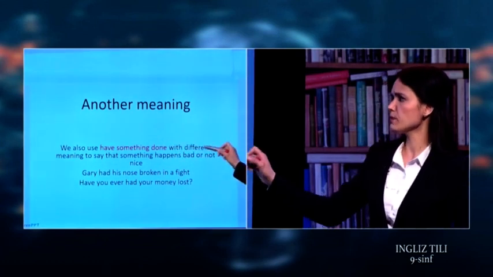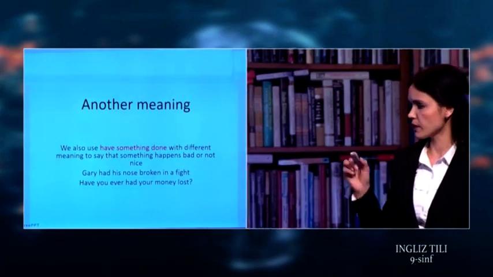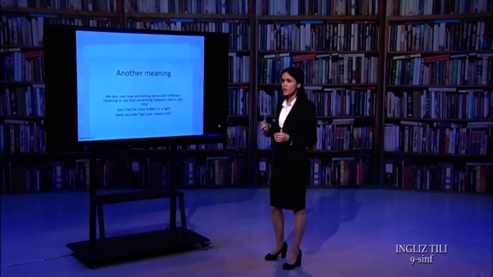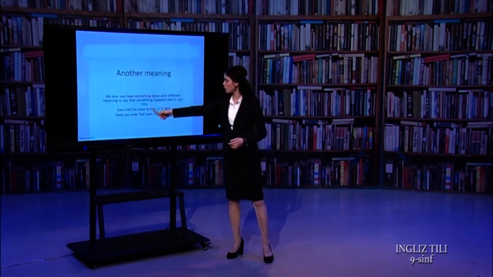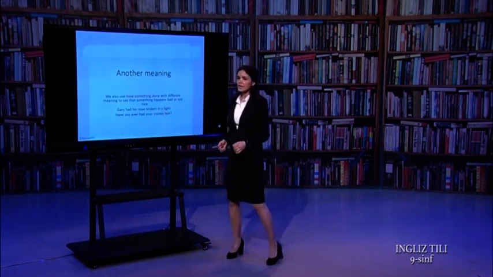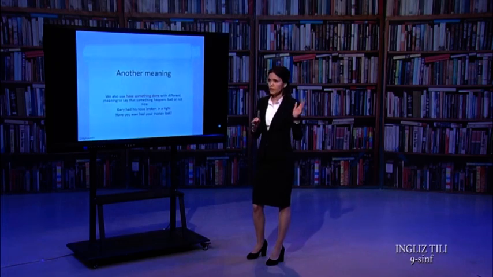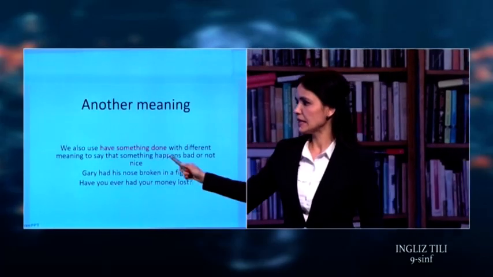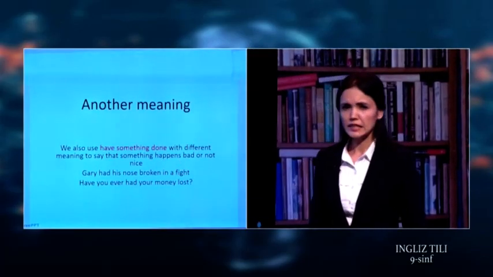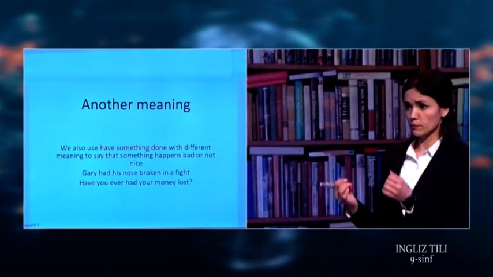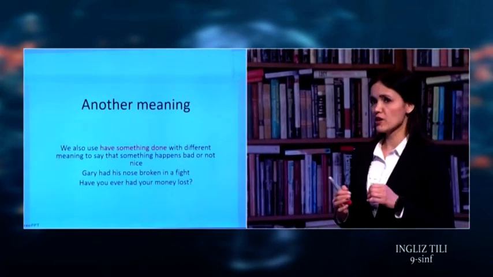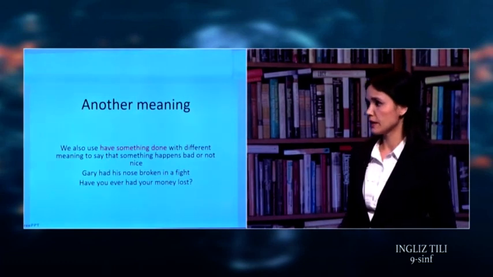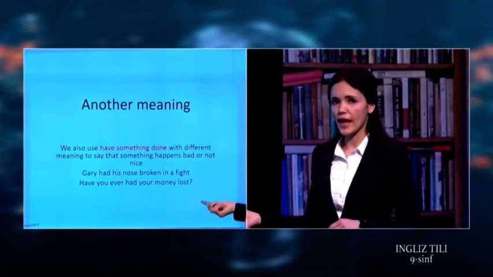We also use have something done with a different meaning to say that something bad or nice happens. Not nice, that means unpleasant. Gary had his nose broken in a fight. That means he had a fight last night or last day, and he had his nose broken. He didn't ask anybody to break his nose, or arrange it, or plan it, but it happened by accident.